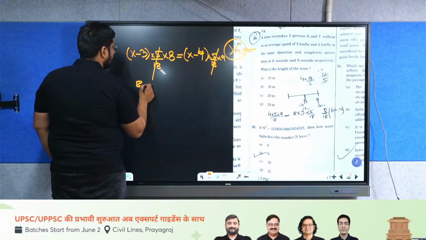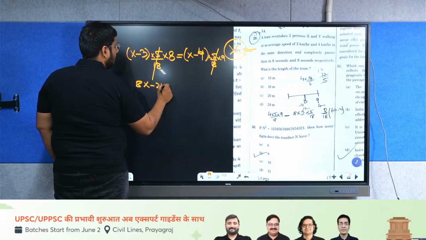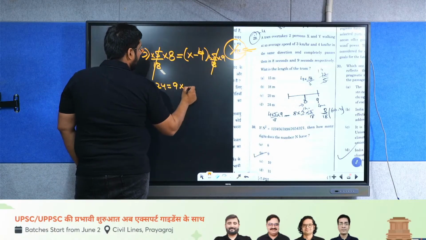Then 8X minus 24 is equal to 9X minus 36.